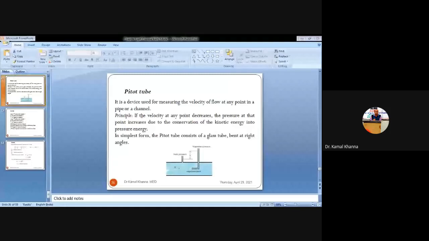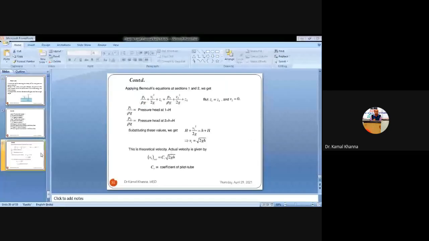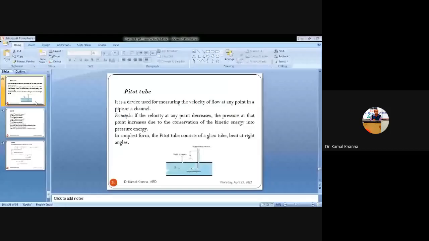But if we are going to calculate the value of the actual velocity, then we have to consider the coefficient of the pitot tube. That is, we have to consider that there are some losses, due to which a small amount of energy has been lost within the flow, during the conversion of flow from one amount of energy to another, and also between the entry and exit point when the fluid is flowing, and also while rising from the static pressure to the stagnation pressure.